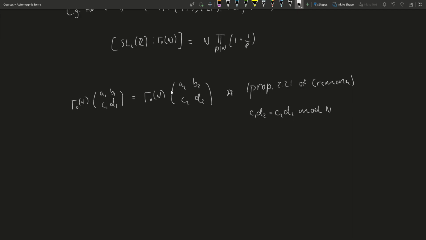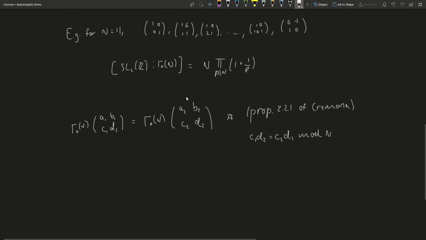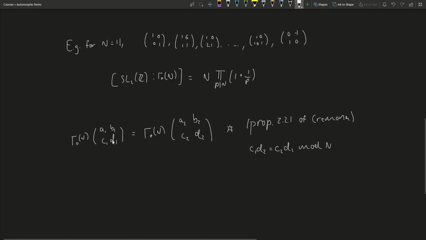So when you do manipulations with modular symbols, and you get some coset representative that isn't one of the standard ones you've chosen, you can use this proposition to just figure out what you're working with.